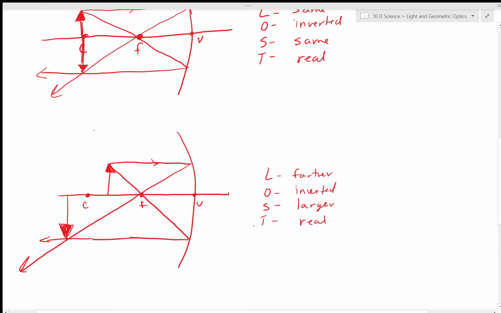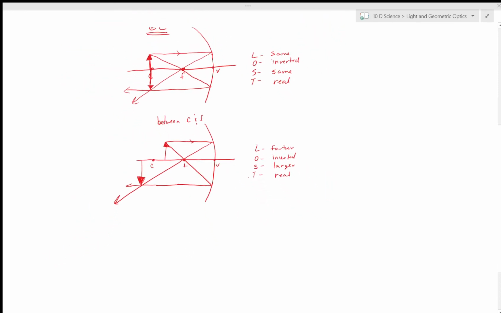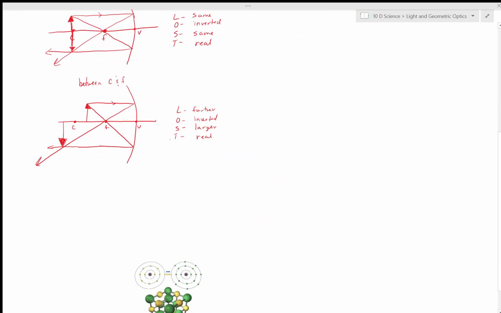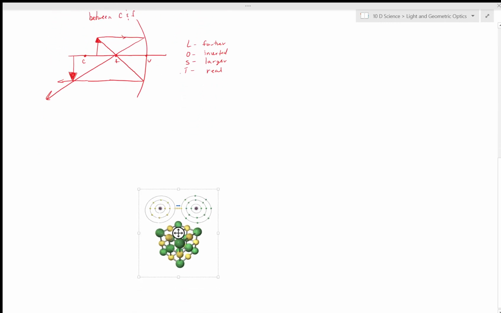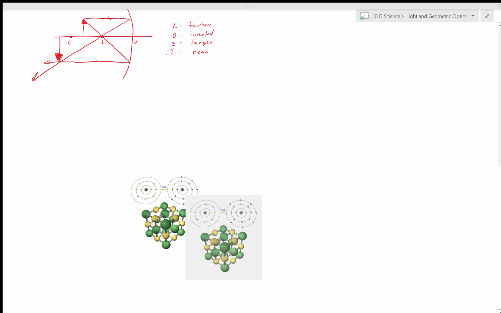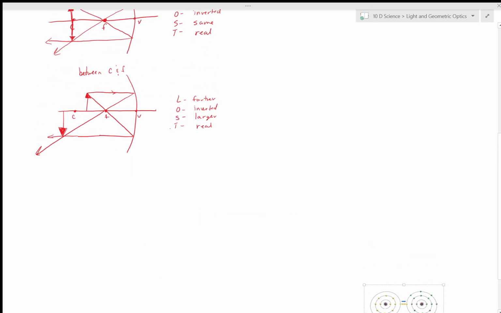And so this is between C and F. If I continue this on, I have a little image down here. And I don't know why it's there, but that's okay. Let's just move it off to the side for now.